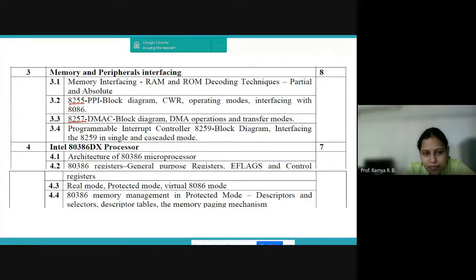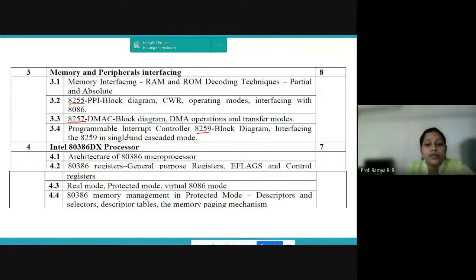Direct memory access means it's a peripheral chip which allows your input output devices to directly communicate with the memory. Then you have the PIC, or this is another peripheral chip 8259, which is called as programmable interrupt controller.